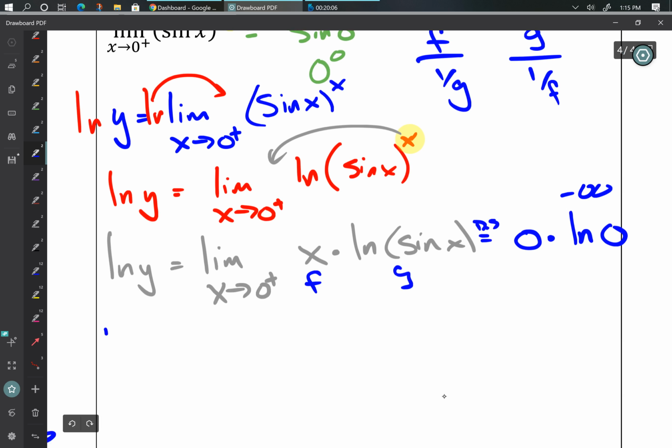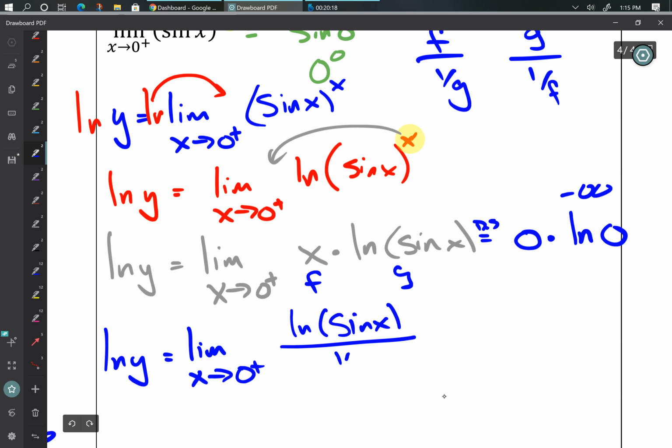So I'm going to rewrite this and say then that the natural log of y is the limit as x approaches 0 from the right of the natural log of the sine of x divided by 1 over x. Right? I went with g over 1 over f rather than f over 1 over g. And so now I should have infinity over infinity, negative infinity over positive infinity, but you get what I'm talking about.